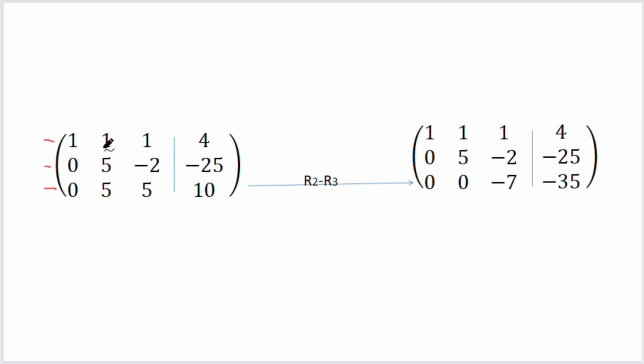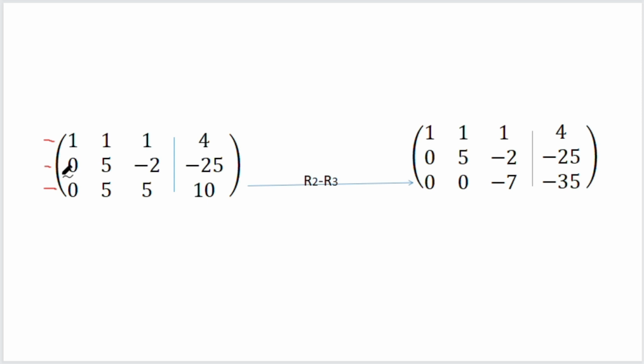We find that 5 minus 5 gives me a 0. Then negative 2 minus 5 would give me a negative 7. But remember, the row you use for reference, you always keep it constant. You don't tamper with it.